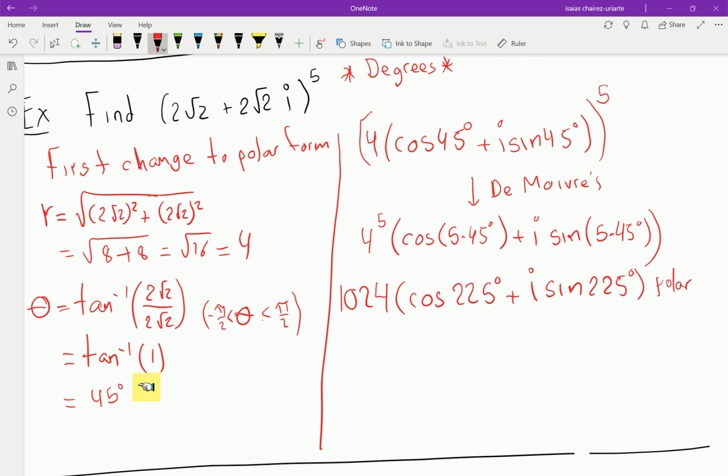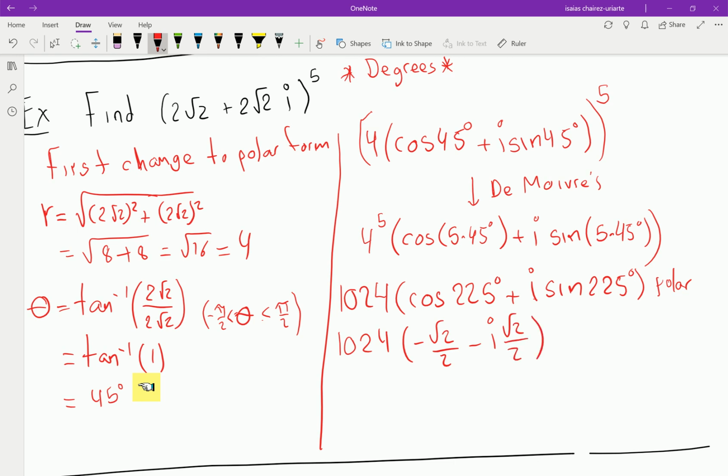Or if we wanted to write it in rectangular form, we would actually have to find what is cosine of 225. And well, cosine of 225 is going to be, well, let's just go all the way to the rectangular form. So that's going to be negative square root of 2 over 2 minus I square root of 2 over 2.